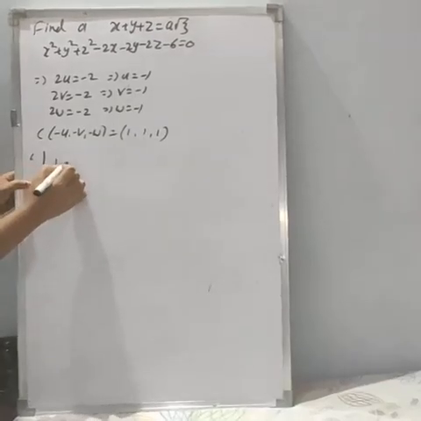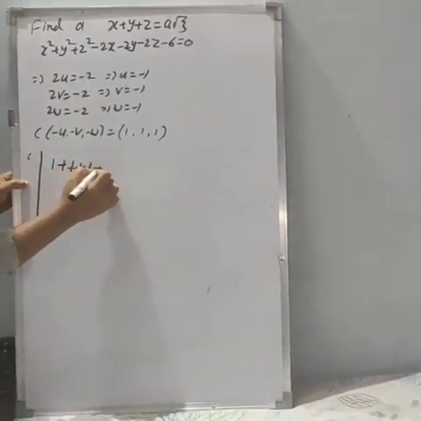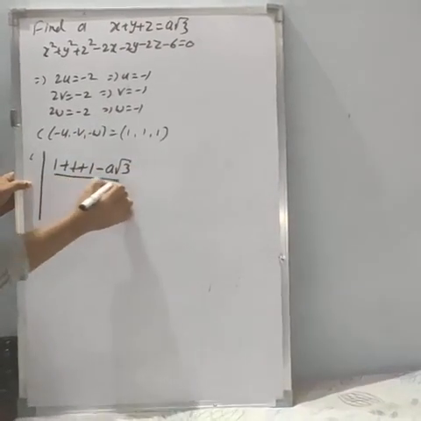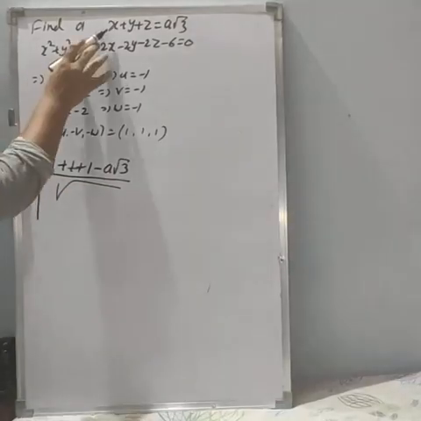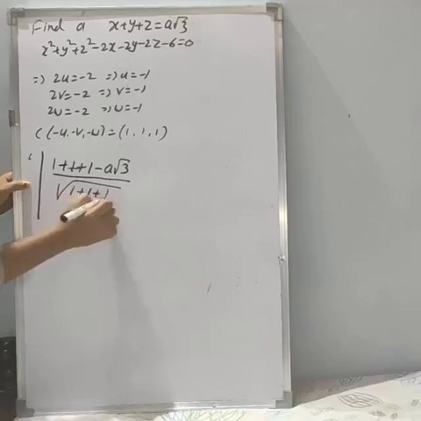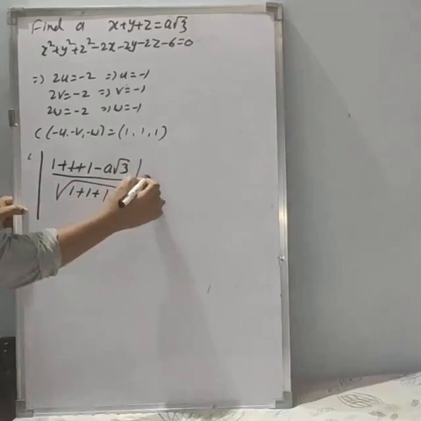So we write 1 plus 1 plus 1. Take this a root 3 on this side, so it is minus a root 3, divided by square root of a square plus b square plus c square. So coefficient of x, y, z is 1, 1, 1. 1 square is 1, again 1 square is 1, 1, 1. Okay, this is equal to, what we have to take?